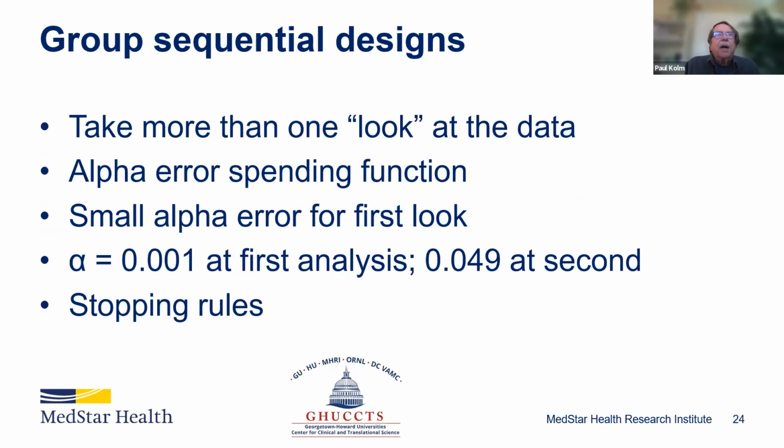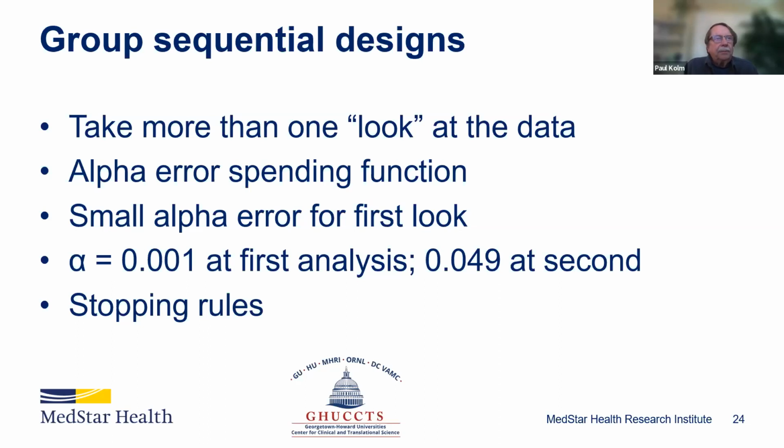Group sequential designs are where we want to take more than one look at the data or do more than one analysis. And so what we do in this case is calculate what our alpha error spending function would look like. And so generally for the first analysis, or for the first look at the data, the alpha error rate is really small.